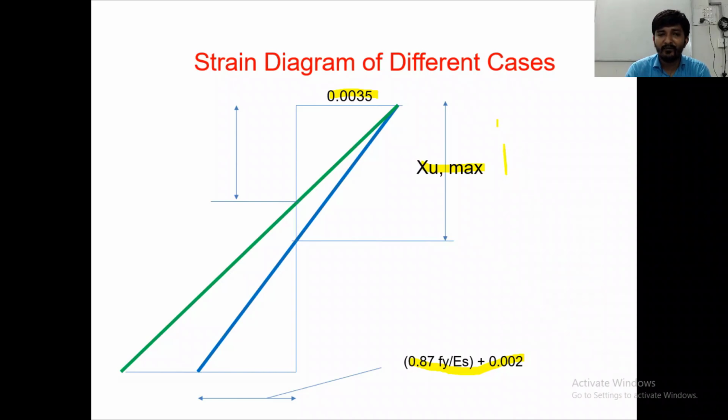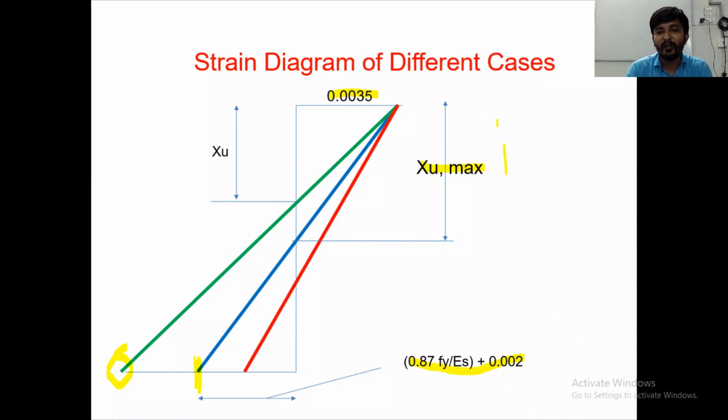If you look at the under-reinforced section, the strain in steel is far greater than the limiting value. The red color line is the thing we must avoid on site, which is the over-reinforced section.